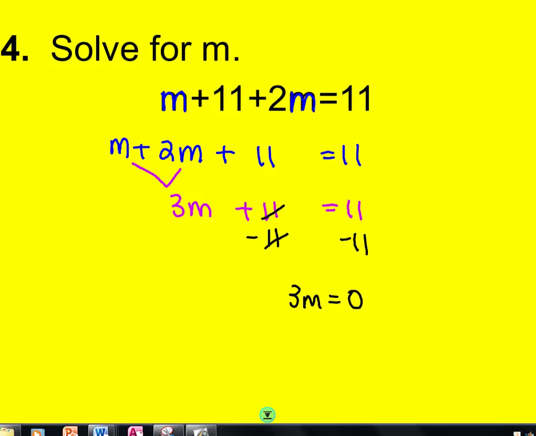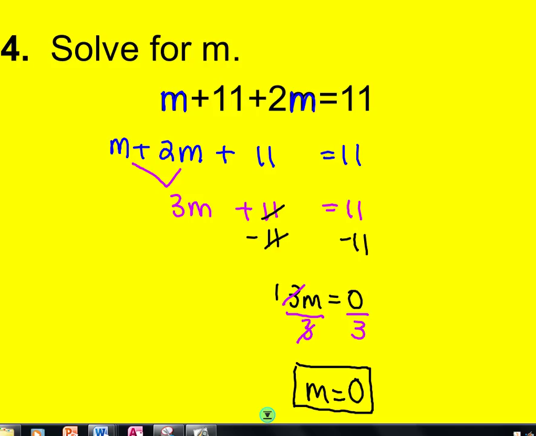So once again, I have to use the inverse operation. 3 times m is equal to 0, so the inverse operation here is division. So I'm going to divide both sides by 3, and those numbers cancel out. So I'm left with just 1m. So 1m is equal to 0 divided by 3 is equal to 0. So my final answer is m equals 0.